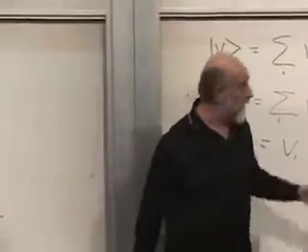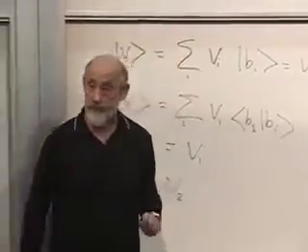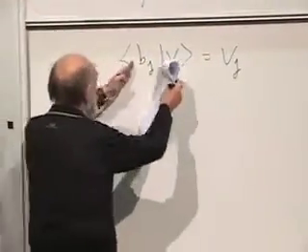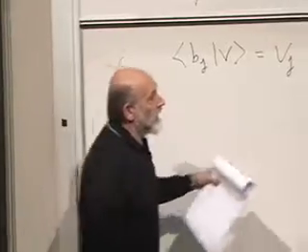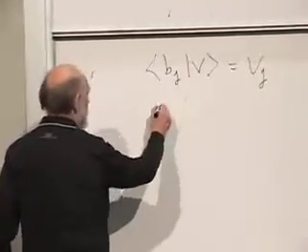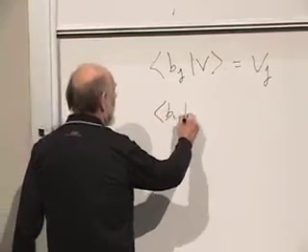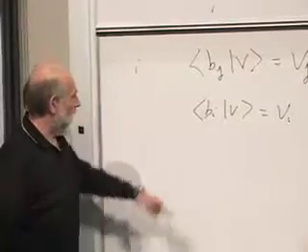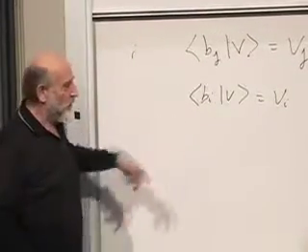I want to write v in this form. Well, the answer is that the expansion coefficients are just these inner products. But now let's rewrite this equation. I can also write, of course, that the inner product of bi with v is vi. Doesn't matter whether I stick j or i there, same formula.